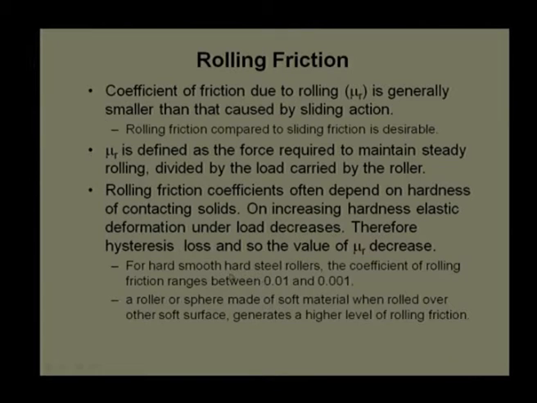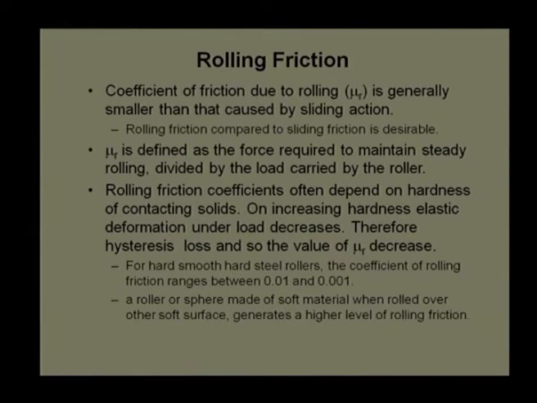And we are talking about the hardness. If the surface is hard, fine; if the surface turns out to be soft, then there will be excessive deformation, and due to that excessive deformation there will be loss due to hysteresis, and that will be counted as coefficient of friction. That is why in the second line it is written that a roller or a sphere made of soft material, when rolled over another soft surface, generates a high level of coefficient of friction.